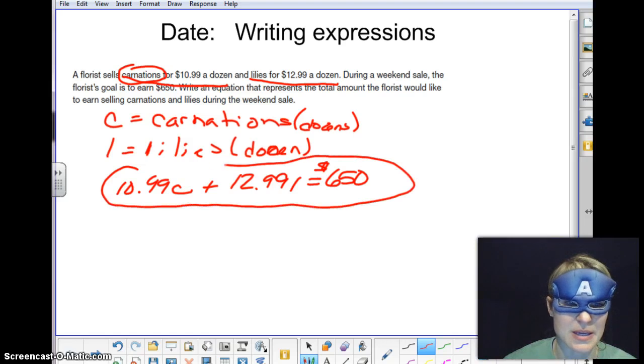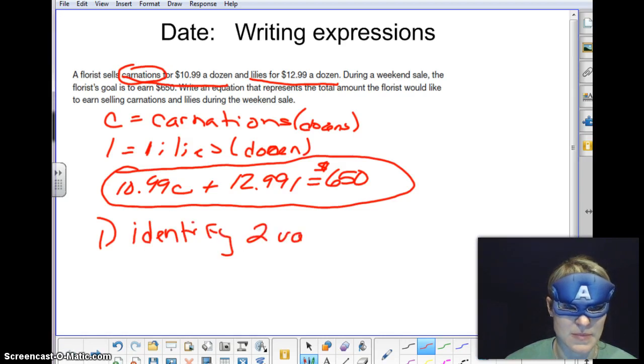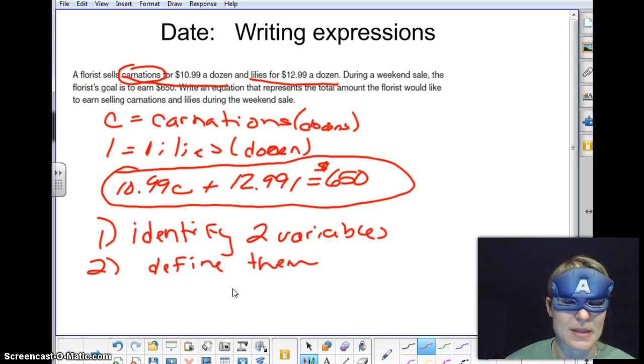So the first thing is to identify your two variables. After we identify them, we are going to define them. Okay, and then we have to decide what is going on with each variable and look for keywords.